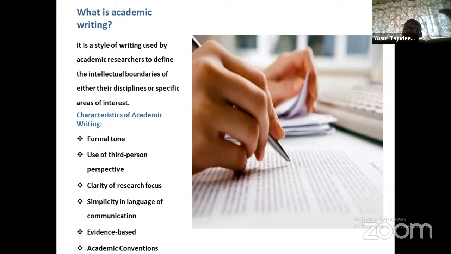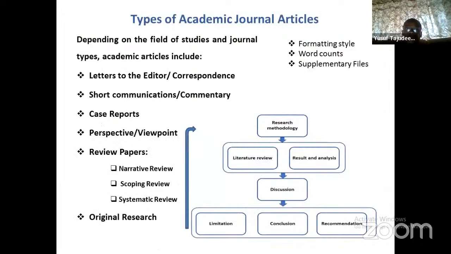Let's assume the headings, the subheadings, how you write your title, the keywords you use, and how you conduct your research, the ethics involved. So you need to state everything. So those are the academic conventions, and you need to follow that.